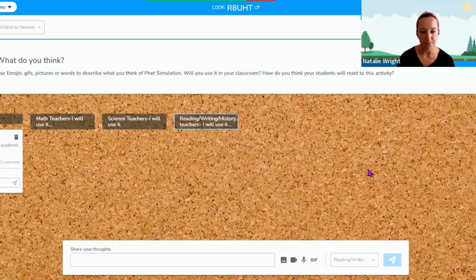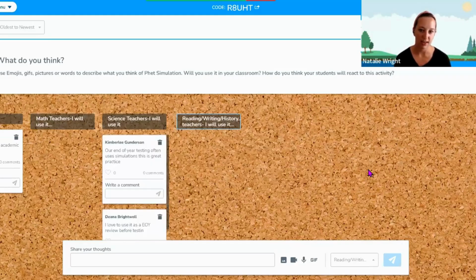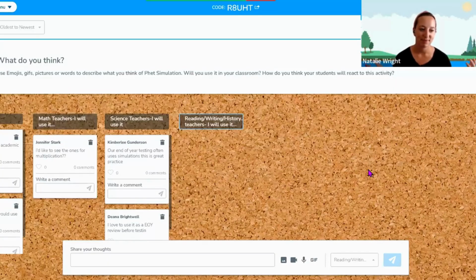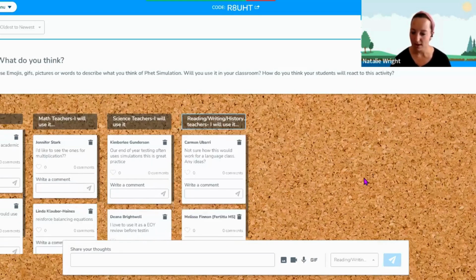How can you use it? Okay. Oh yeah, and I think, how would your students react to this? And if you want to use pictures and GIFs to practice using those, because that is another way we can answer and share our thoughts, go for it, because your students can do the same thing as well. Add those GIFs and pictures.